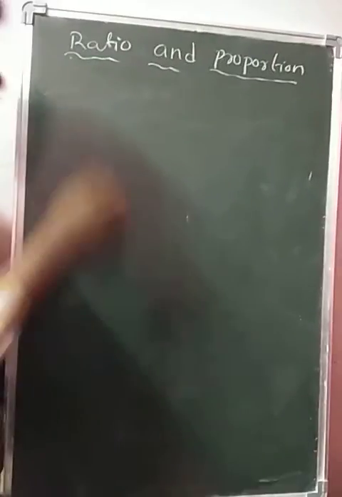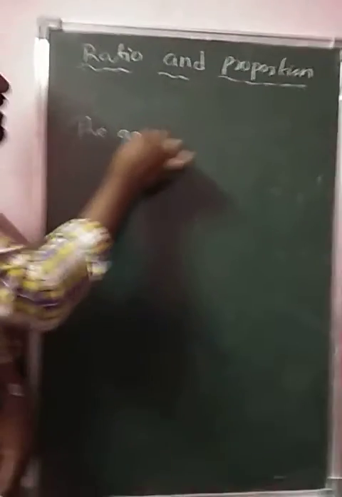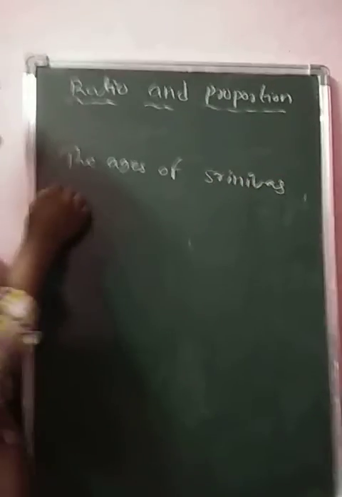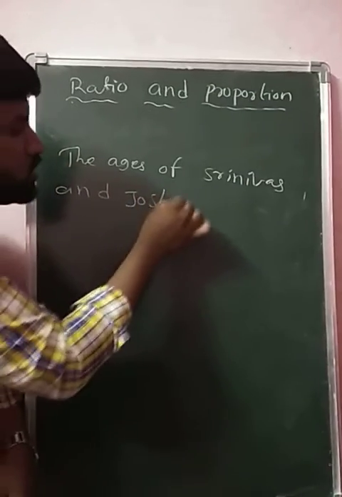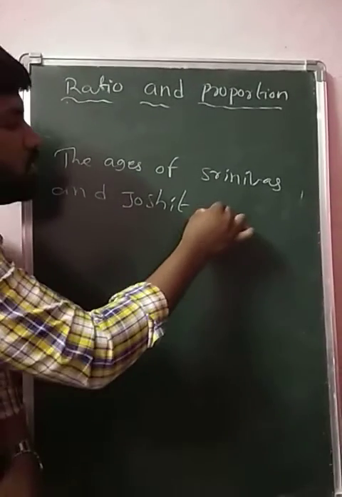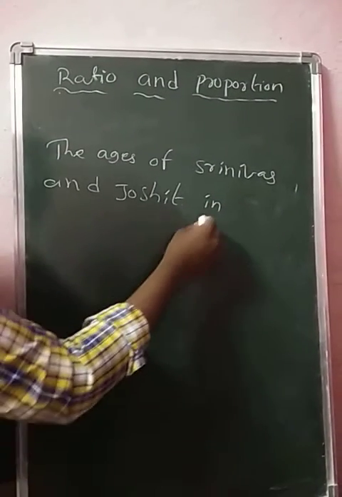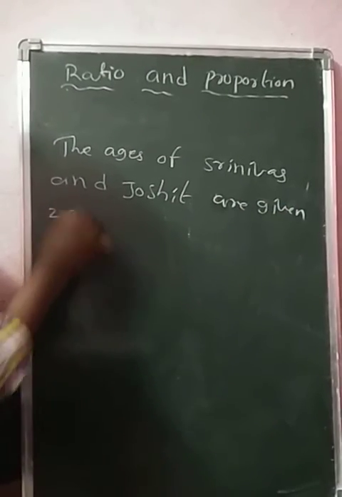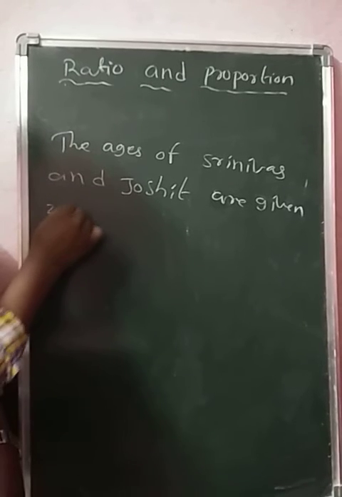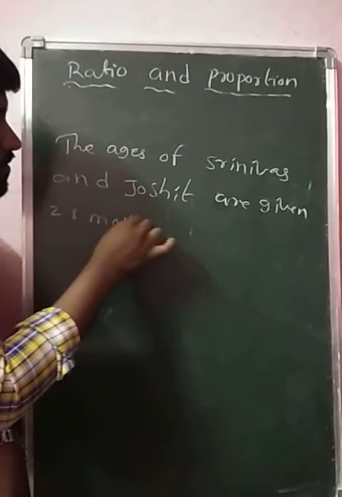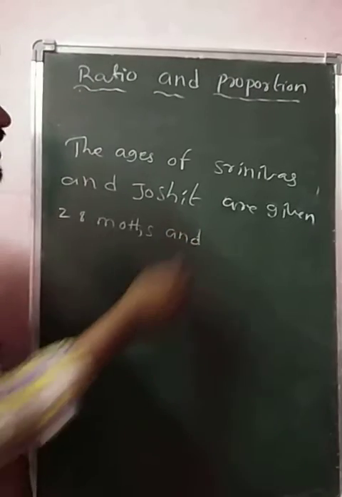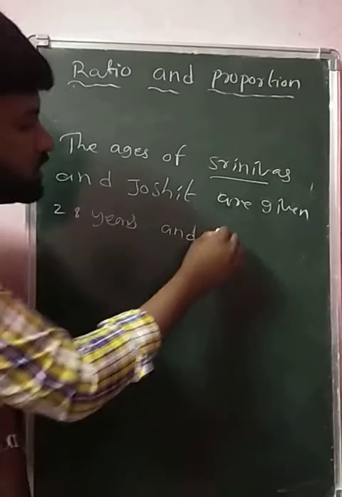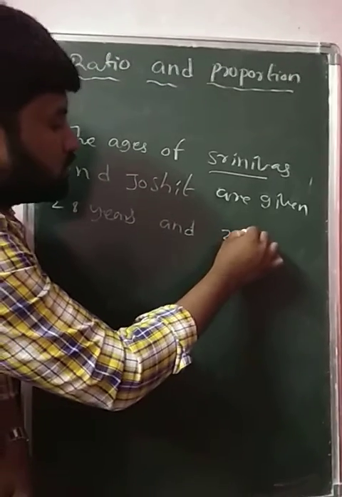The ages of Srinivas and Joshit are given: first I wrote Srinivas, 28 years, and Joshit, 25 months.